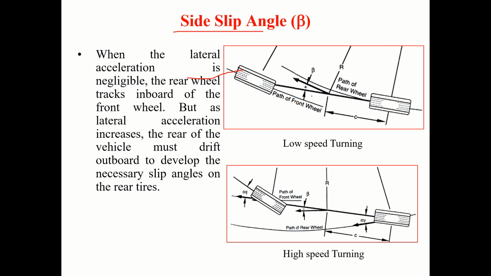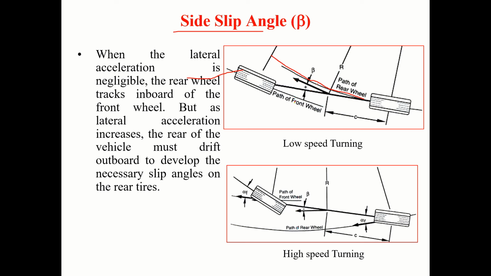When your vehicle is taking a turn, if there is no lateral centrifugal force, it is a low speed turning, there will not be centrifugal force, and as I explained earlier, the vehicle interacts like this. Okay, that's fine.